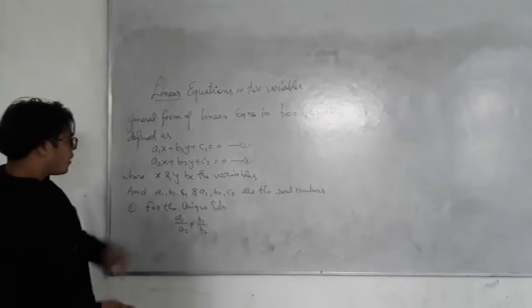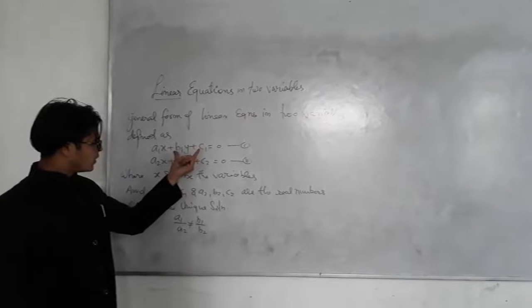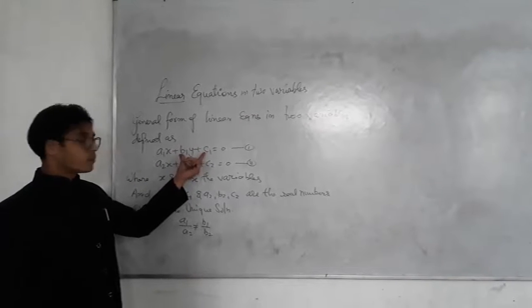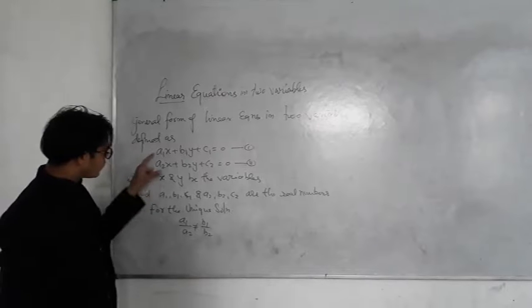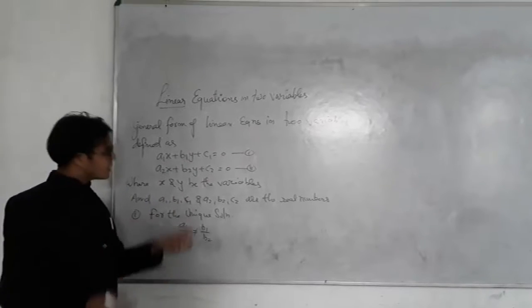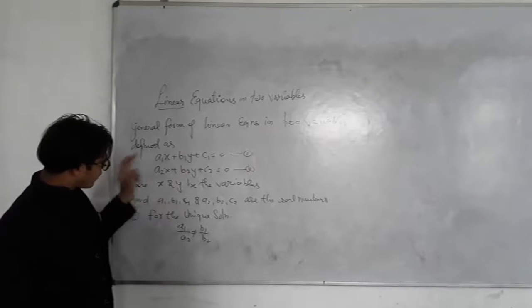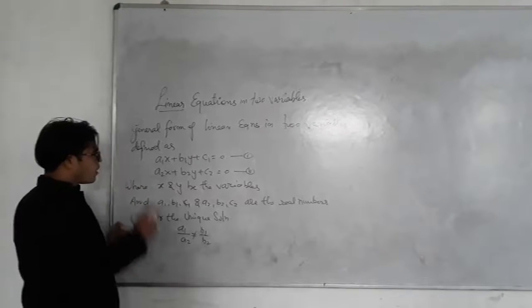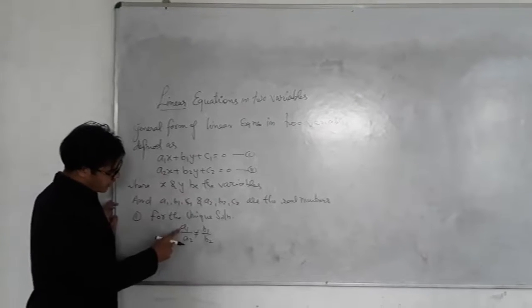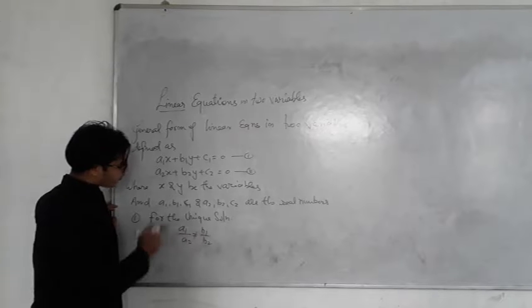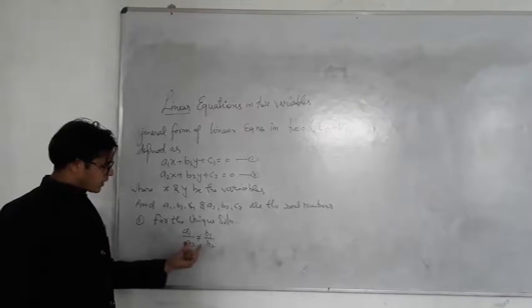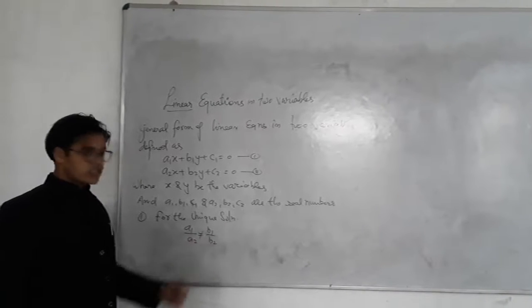The equations must already be in the general form, so all the given equations can be written in this form, and then check the ratio: a1 upon a2 is not equal to b1 upon b2. This is the condition for the unique solution.